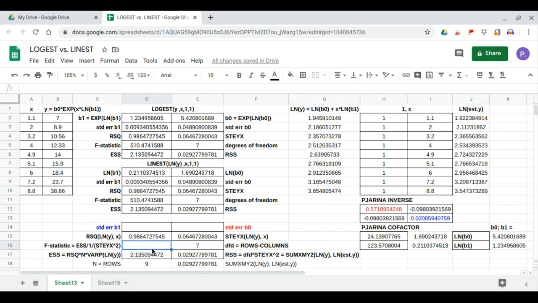Now we can calculate for the F statistics, which is ESS divided by 1. That's because there's only one independent variable. Divided by sey squared, which is sey to the power 2. 510.474 matches to the F statistics in the LINEST output and F statistic in the LOGEST output.